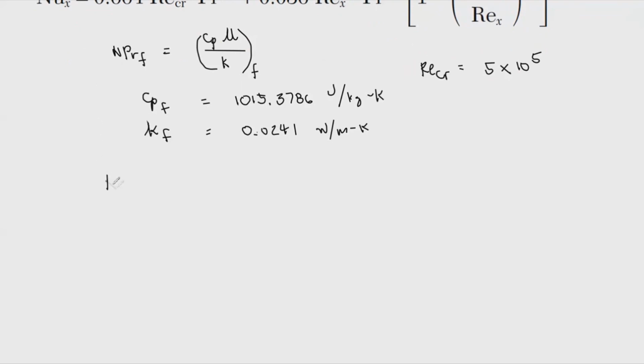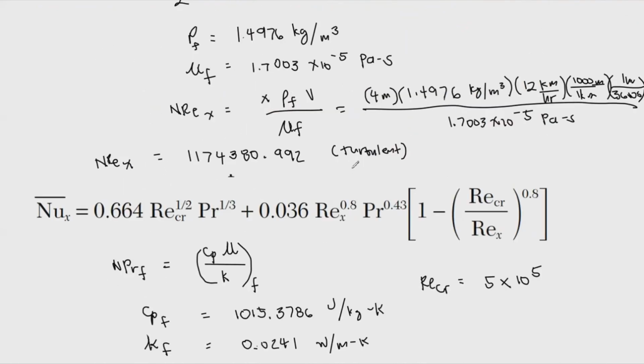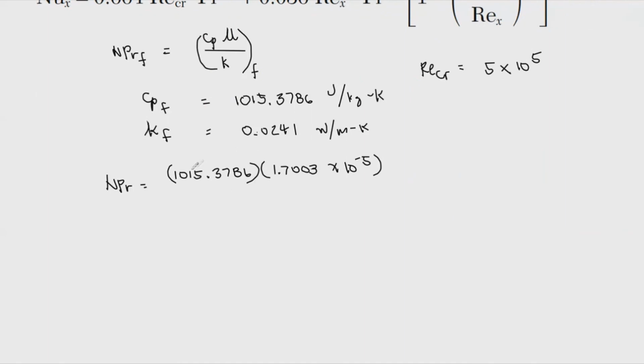But before that, let's just find the Prandtl number. So we have 1015.3786, multiplied with our viscosity, which is 1.7003 times 10 to the negative 5, and then divide this all by the thermal conductivity, which is 0.0241, and what we will be getting here is 0.7160.